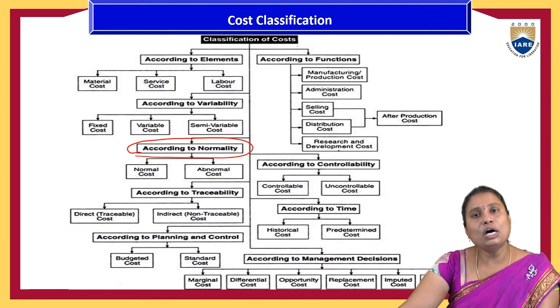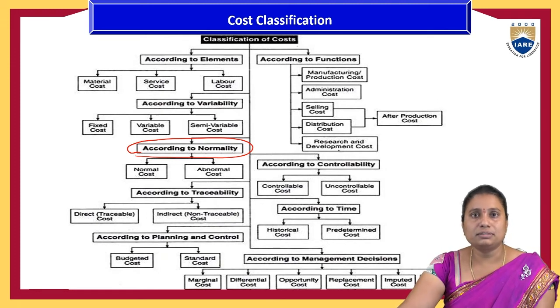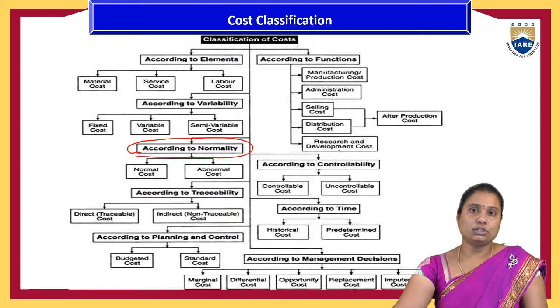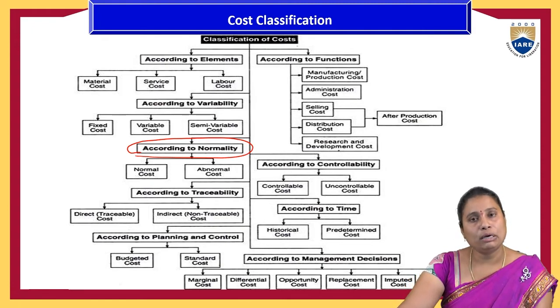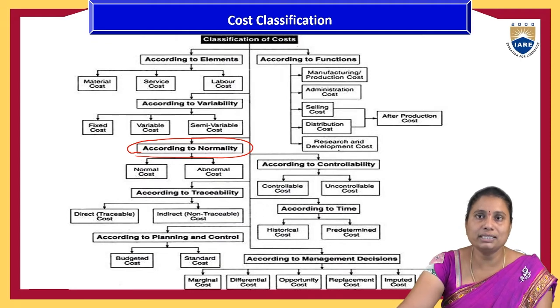Normal cost means the expenditure incurred by the producer for general activities. Then if he is spending for unexpected elements, in any situation, that cost will be called abnormal cost. For example, normally the wages payable to the labor for his work are the normal cost.